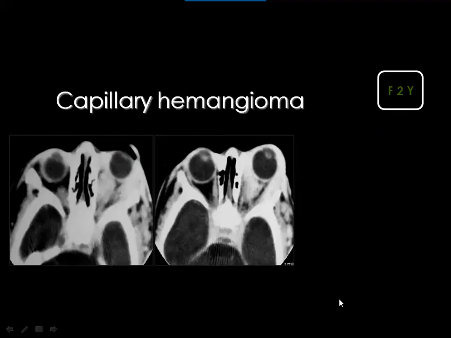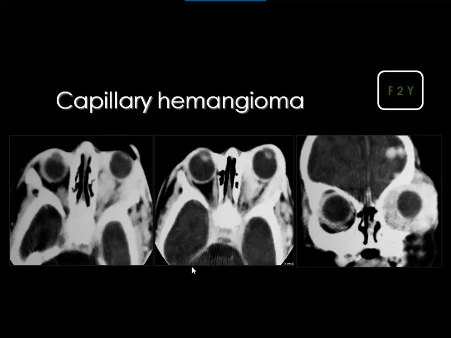But if you see an extensive pathology and this is an enhancing lesion in a child, remember that I am dealing with children only, then you see an extensive mass which is strongly enhancing and it displaces the globe anteriorly, and if you look carefully outside the orbit and the brain, you see multiple dilated tortuous vessels, and in the coronal image you see also enhancing vessels intracranially, then you know that this is capillary hemangioma.